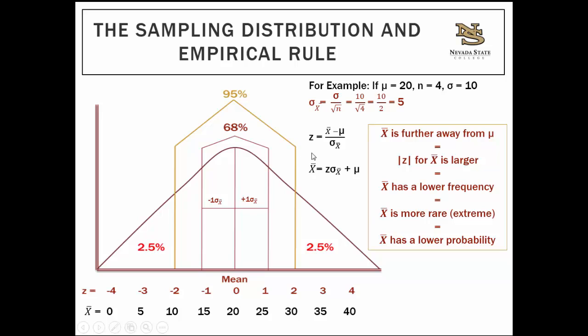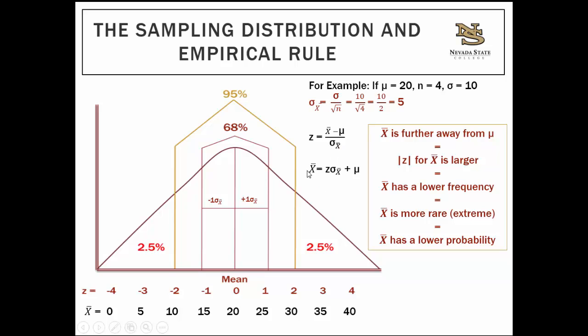Now the formula for the z-score has changed. Instead of being x minus the population mean divided by the standard deviation for the population, it's now the sample mean minus the population mean divided by the standard error. So we're still comparing the observed difference to the difference you would expect to see just randomly. But now we're looking at the observed difference between 2 means, the sample mean and the population mean, divided by the difference you would expect to see, or the common difference between sample means.